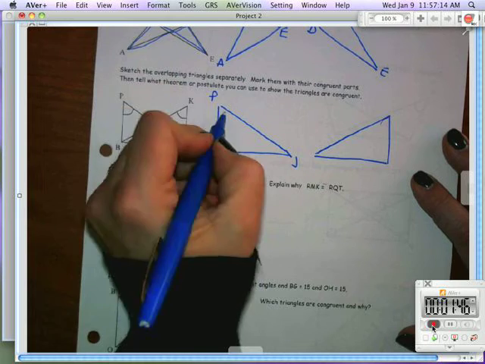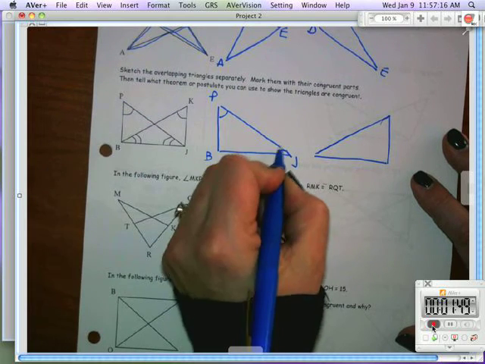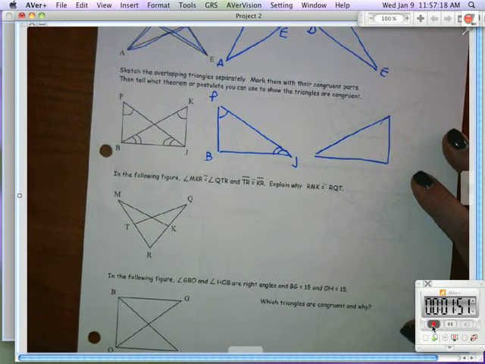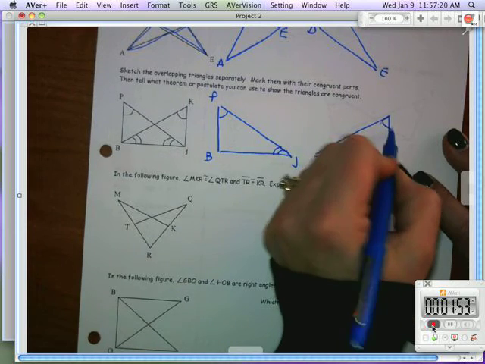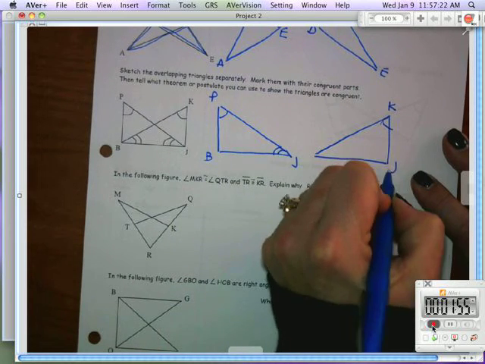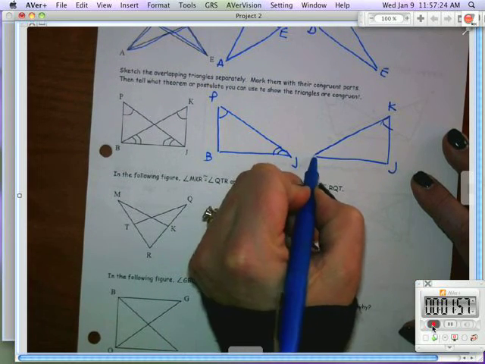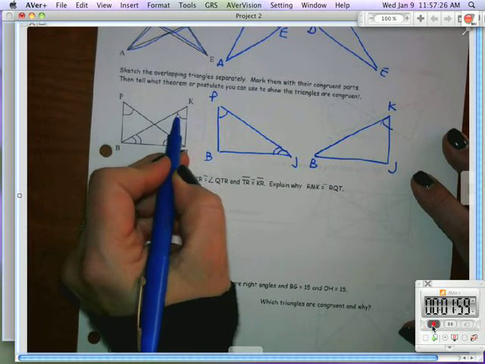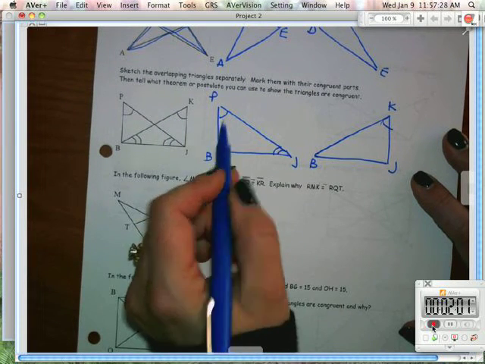So here's P, and I'm going to mark up what was given to me in the drawing. Okay? I've got to put K, J, B. And K had a single line on it, which means it's congruent with P. And J had a double.